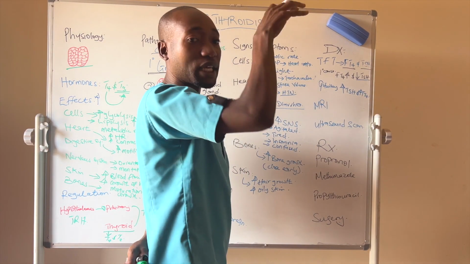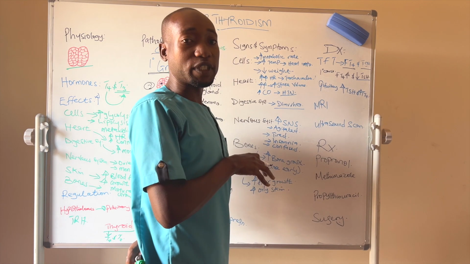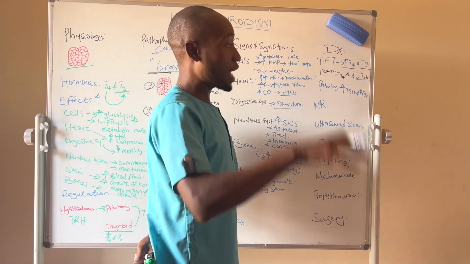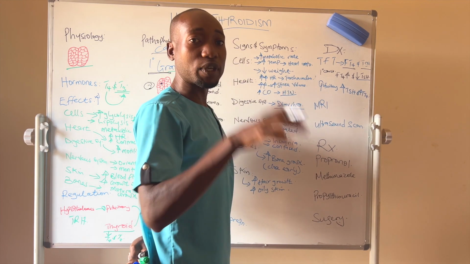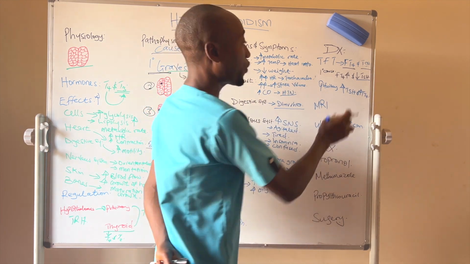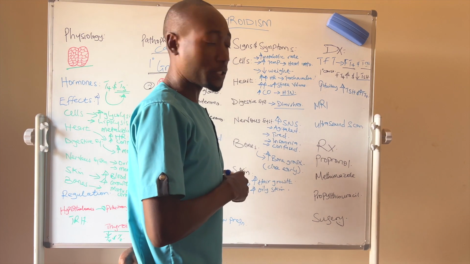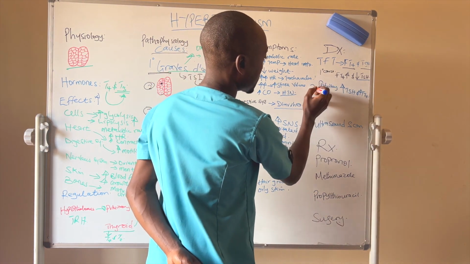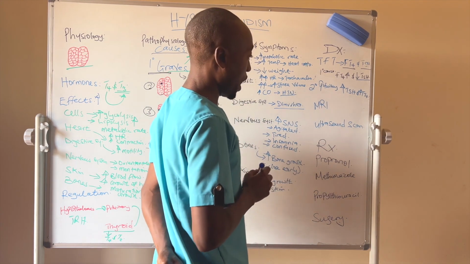Because the pituitary is producing a lot of TSH, this TSH goes to the thyroid gland and causes it to release an increased amount of T4. And therefore, you're going to have all of them increased. So this can help you to differentiate. This is in cases of secondary causes.